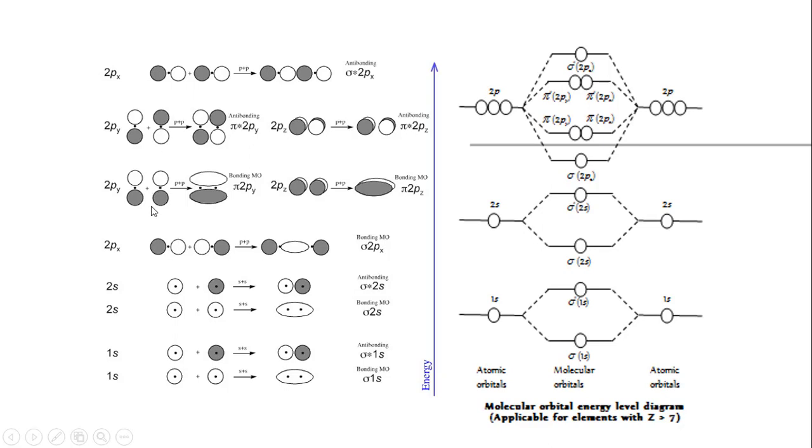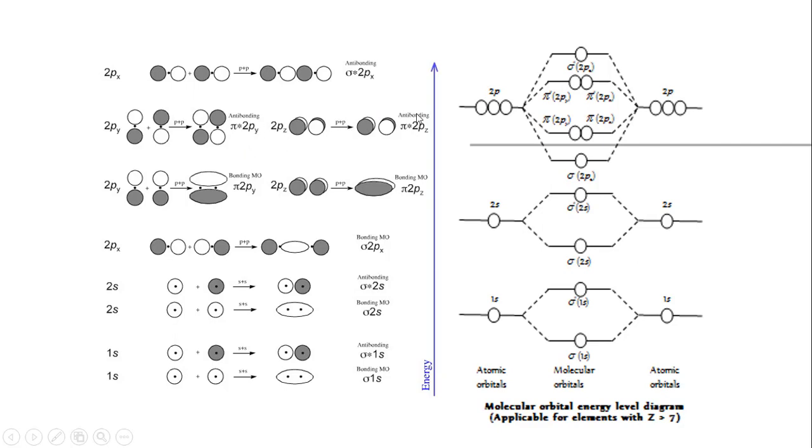And in the pi orbital, the similar lobes form here for 2py when the combination takes place. So a pi bonding molecular orbital is formed from the 2py orbital combination. And when 2pz is formed, it is a slant overlapping. That also gives the pi 2pz. So here this is the 2pz combination, and this is anti-bonding.